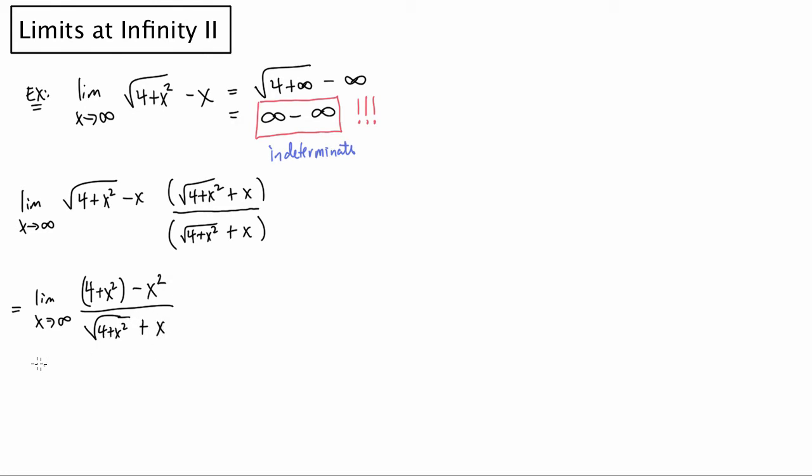All right, if you take a look at that limit and do a little bit more simplifying, then the numerator just turns into 4, and the denominator is the conjugate. So now, if I evaluate this limit, once again, in air quotes evaluating, I'm not actually evaluating infinity, I'm thinking about the limit as x goes to infinity. Then if you think about this, in the denominator, you get 4 plus infinity squared plus infinity.